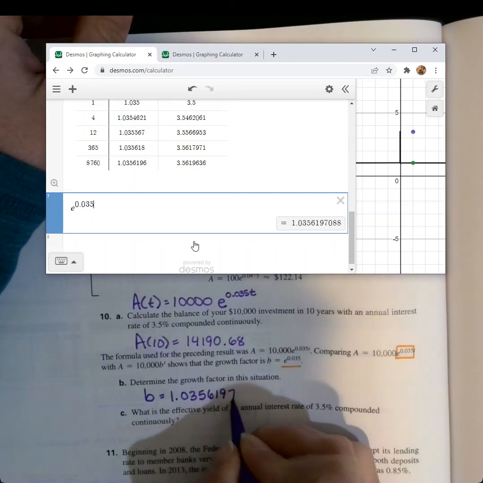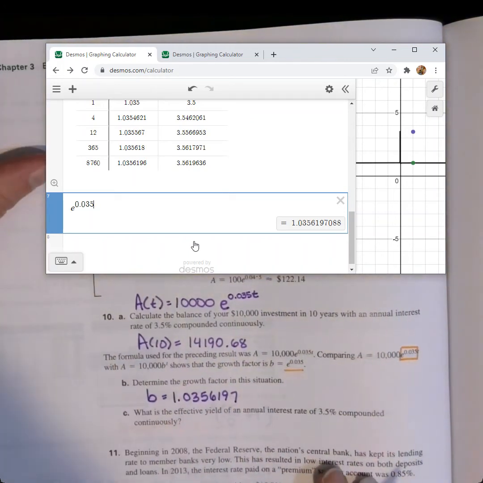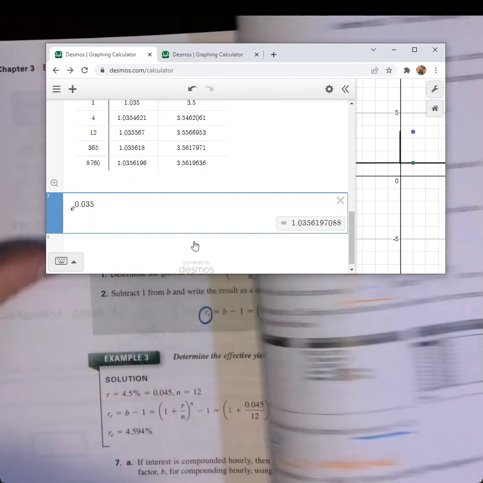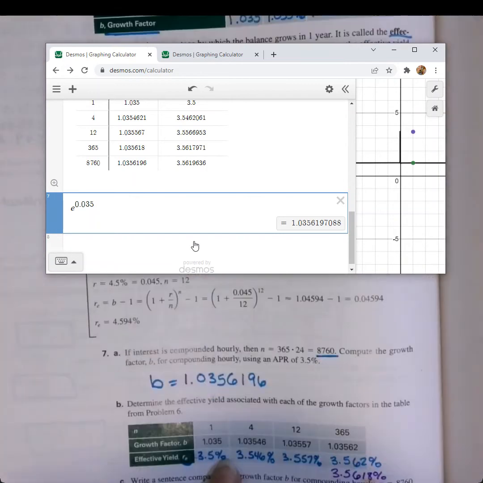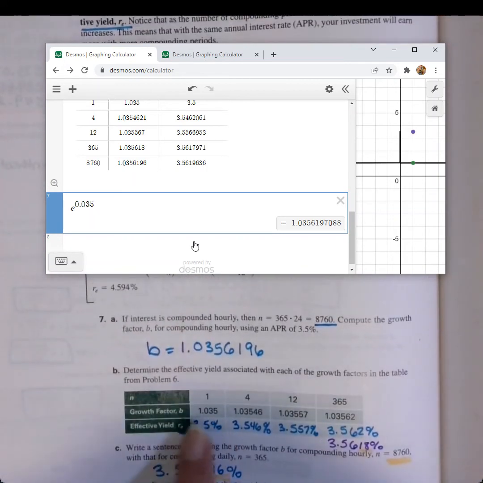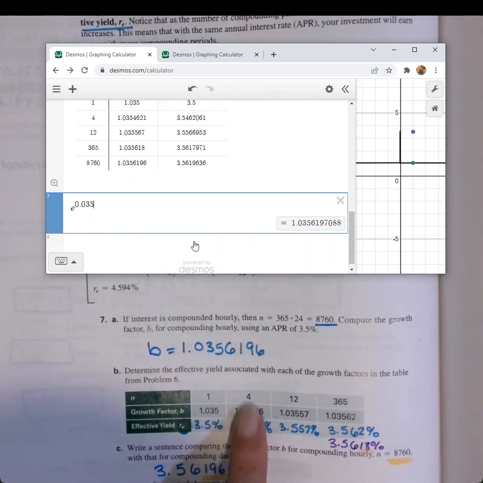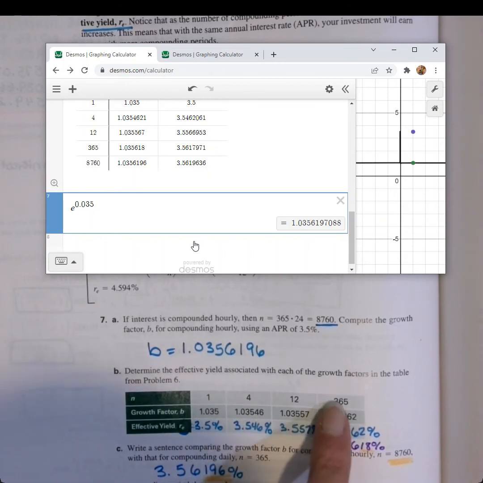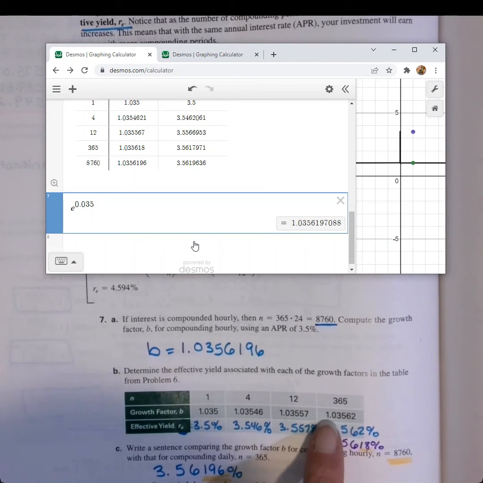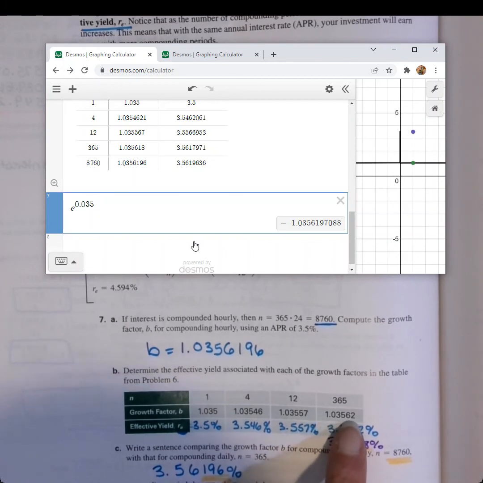6197. Okay, so again, trying to compare this with our bases that we had over here. When n was 1, it was 1.035, stop. When n was 4, it was 1.03546. When n was 12, when n was 365, it was 1.03562.